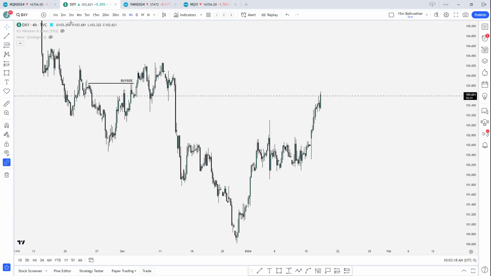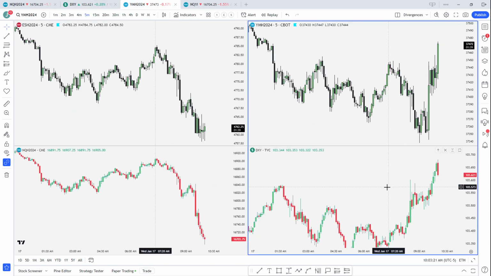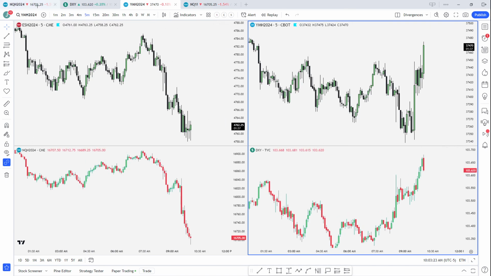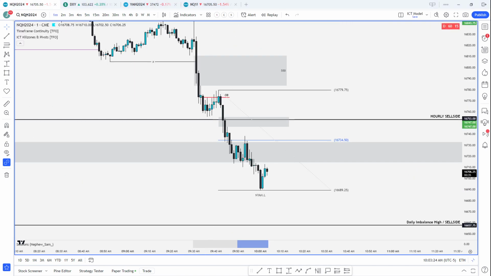See if DXY can continue to drop off. Also, efficient delivery in here, so we could see speed all the way up to this high. I don't know what the 15-second chart looks like, but just look for this quickly.